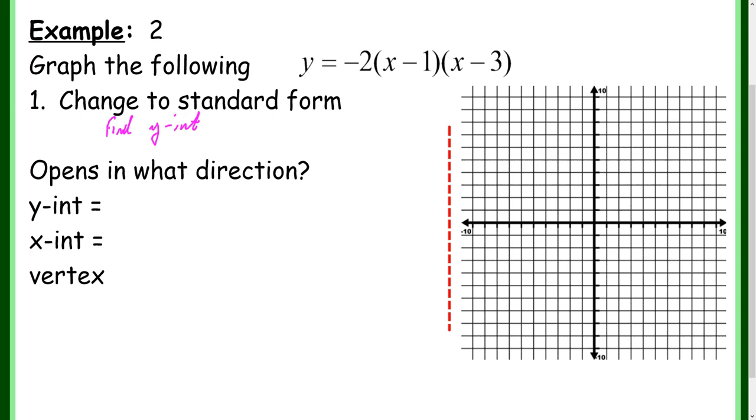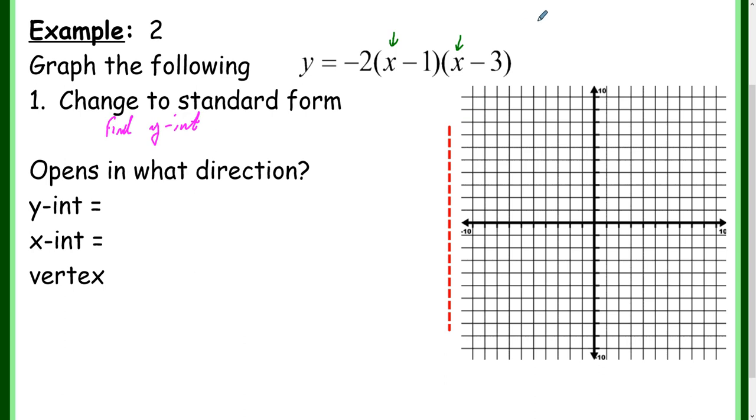And really all you have to remember is that when you're trying to find the y-intercept, your x value is equal to 0. So if this is equal to 0 and this is equal to 0, then you're just multiplying -2 times -1 times -3. Right?